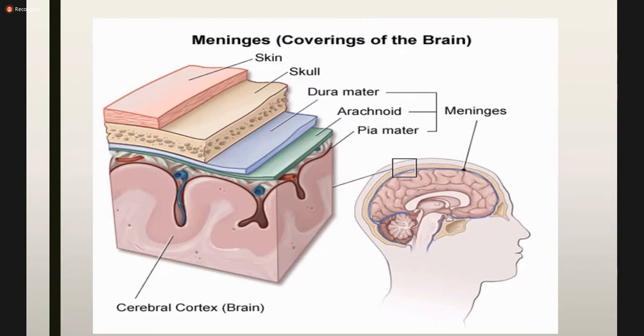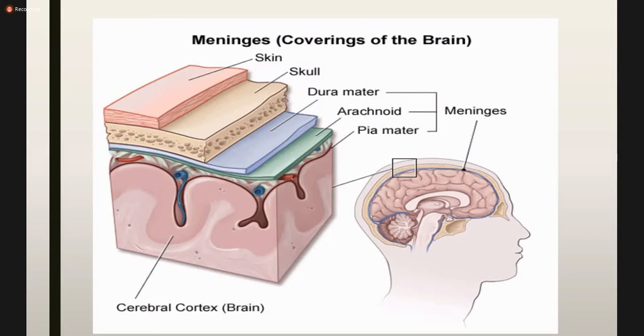He has also already discussed certain brain structures which are involved in this process. So, a brief review of those things. Again, as we know, the central nervous system comprises the brain and spinal cord, and this spinal cord and brain are covered by certain meninges, apart from skin and skull.